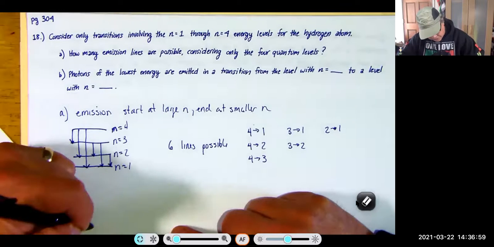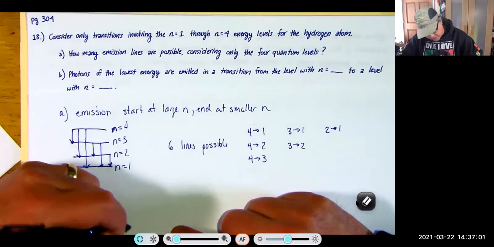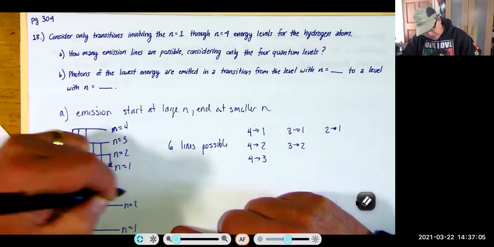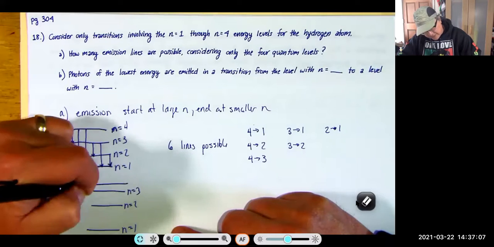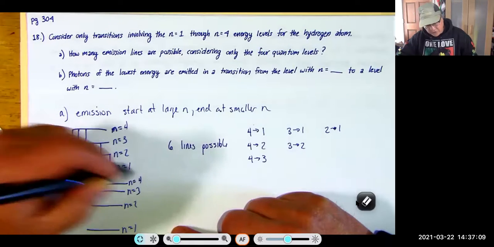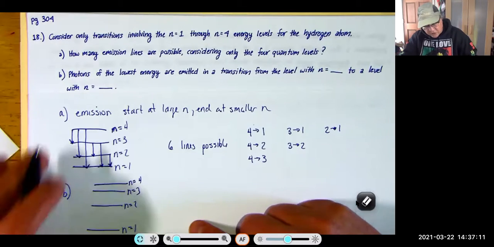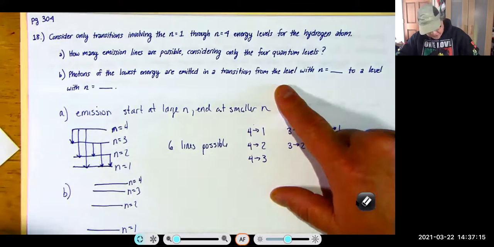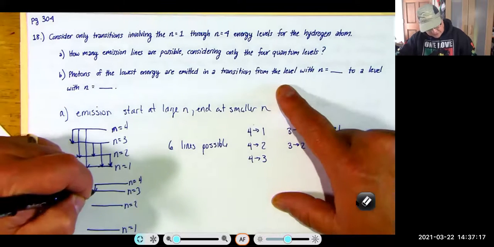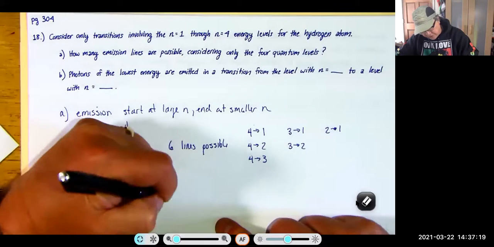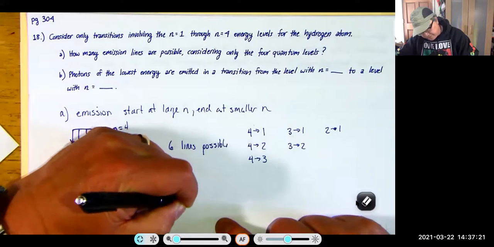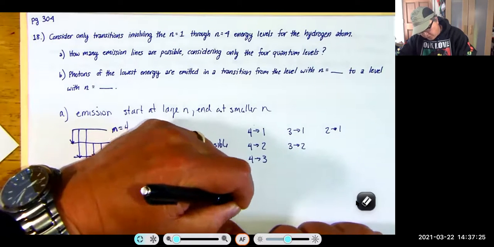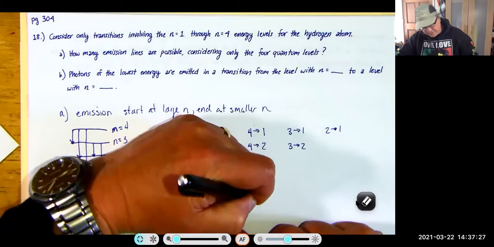So if I wanted to draw this better, I do this: n equal 1, n equal 2, n equal 3, and n equal 4. So photons of the lowest energy. Now the distance between these tells me the energy. So this is going to be the lowest energy right there. So lowest energy is going to be n equal 4 to n equal 3.